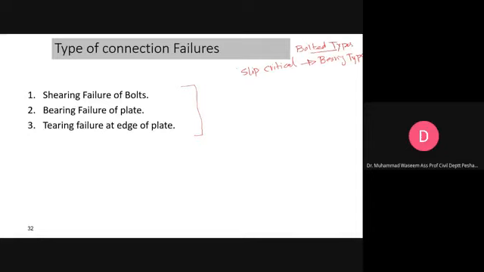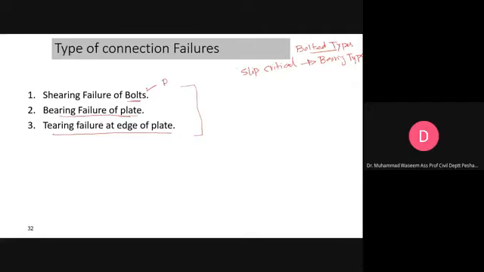So there are three types of failures which can occur in the connection. We call the first shearing failure of the bolt: the bolt can fail in shear. Then there can be failure of the connected plates or connected components of steel structures: bearing failure of the plate, and the third is the tearing failure at the edge of the plate.